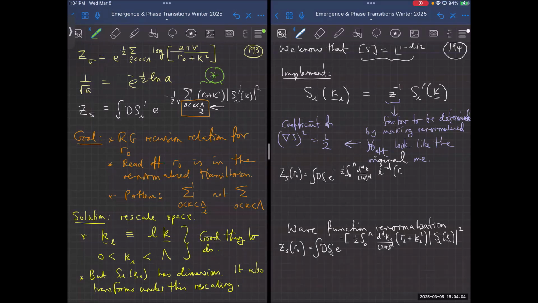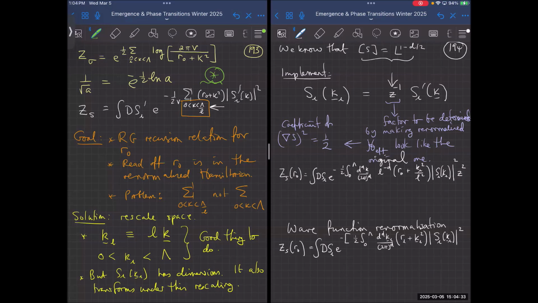Then I have r naught, and then I have k squared, which is k_L squared over L squared, like that. And then I have S_L of k_L squared, but then I've got this factor of Z over here, and so S_L prime is equal to Z times that, so then there's a factor of Z squared that comes in here.